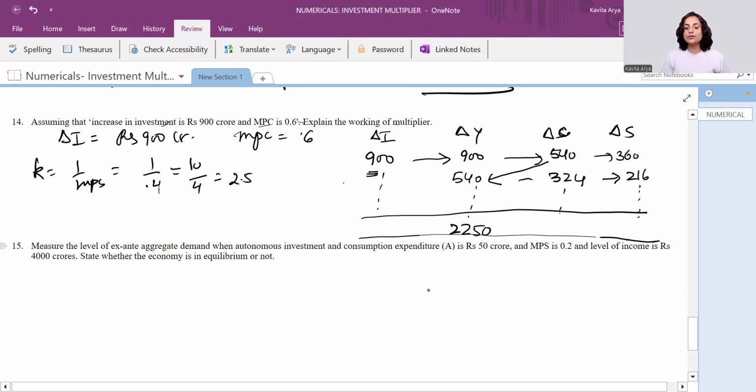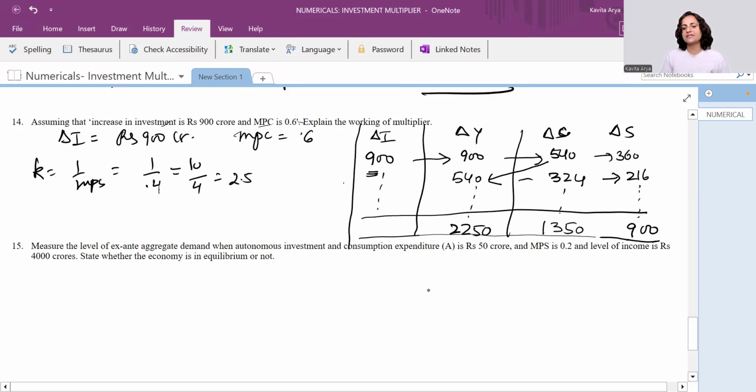Now, out of this 2250, the 60% of this is 1350, and the 40% is 900. So this way, if we just show the working, then all the marks would be given to you, and this is what is required whenever we're talking about the multiplier mechanism, right?